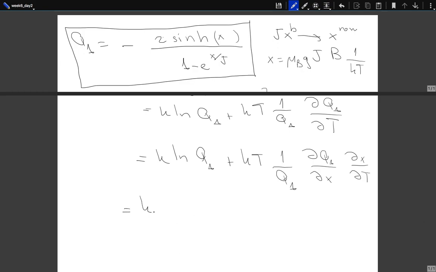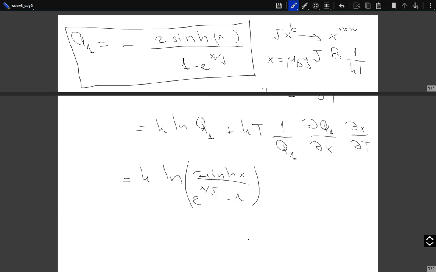Well, this is k times the logarithm of q1, which is the logarithm of twice sinh x divided by e to the power x over j minus 1, plus kT over twice sinh x times e to the power x over j minus 1. This is 1 over q1.